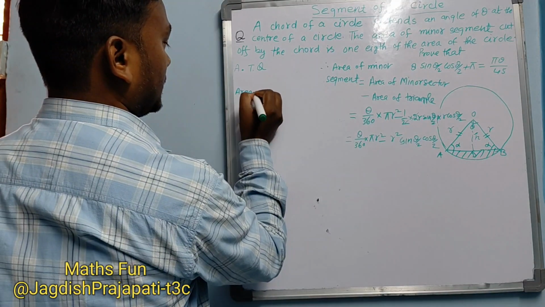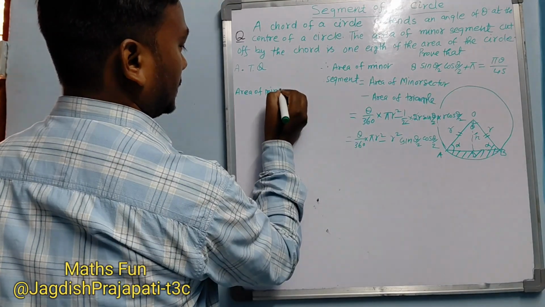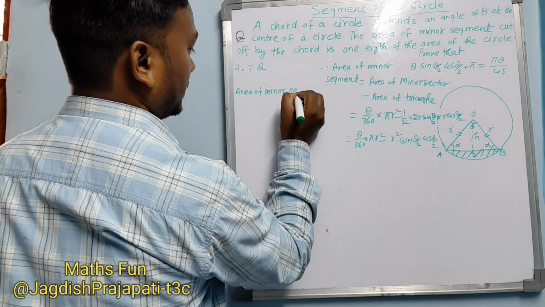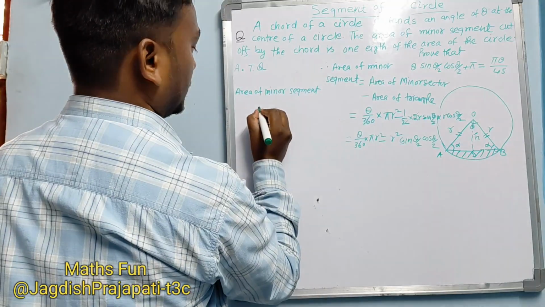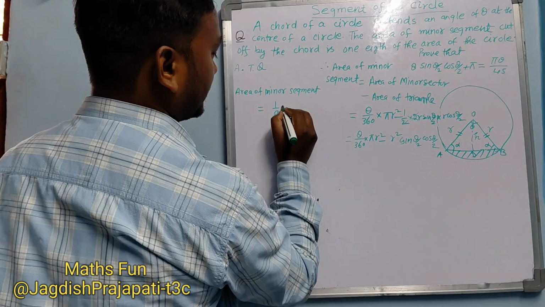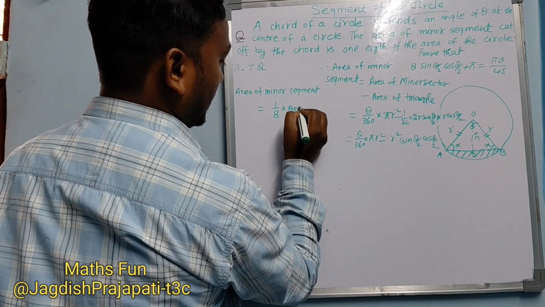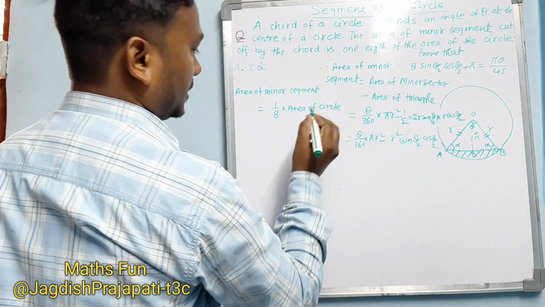Area of minor segment is equal to the 1/8 times area of circle.